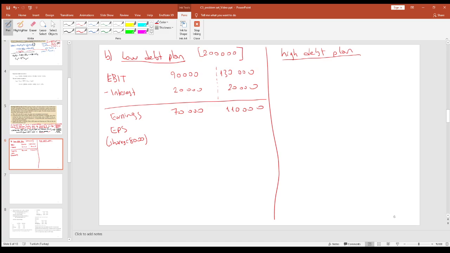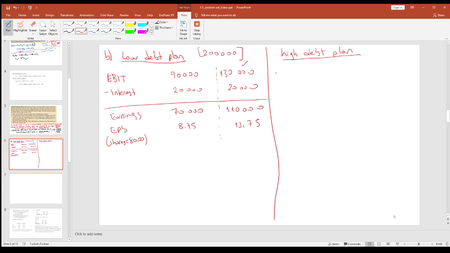So if you divide 70,000 by 8,000, you will find $8.75 per share. Similarly, if you divide 110,000 by 8,000 shares, you will find $13.75. So you see, if EBIT increases, earning per share will increase in this scenario.